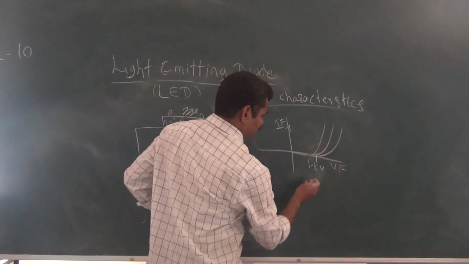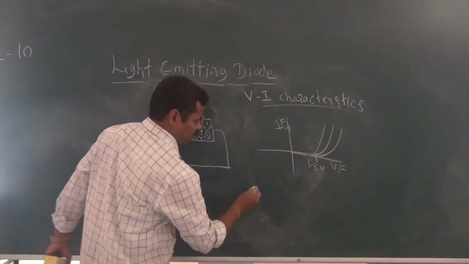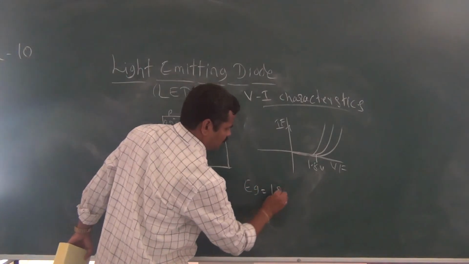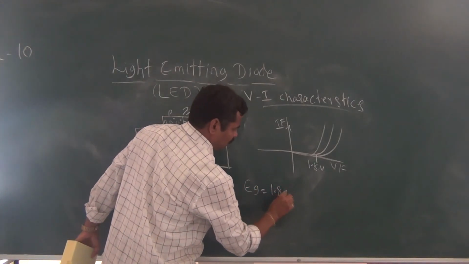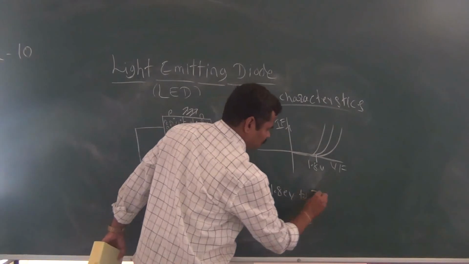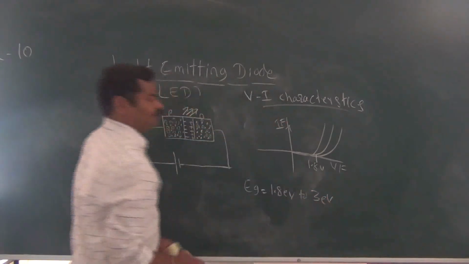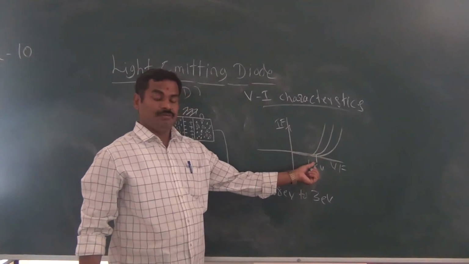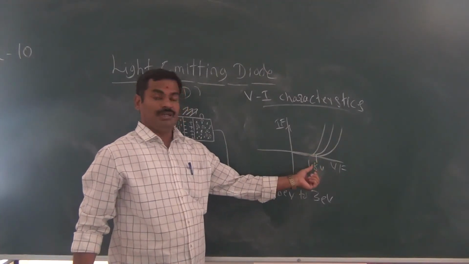Or you can write here that the energy gap is 1.8 to 3 electron volt. It means it is similar to the normal diode, but the important thing is that the energy gap or knee voltage should be more than 1.8 electron volt.